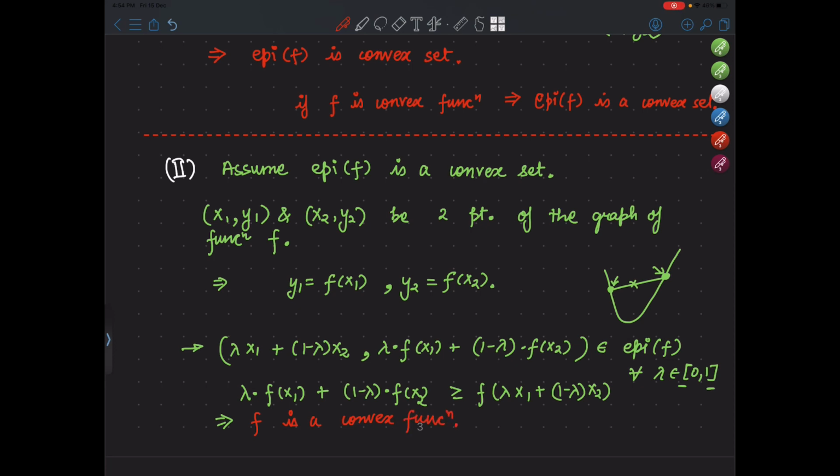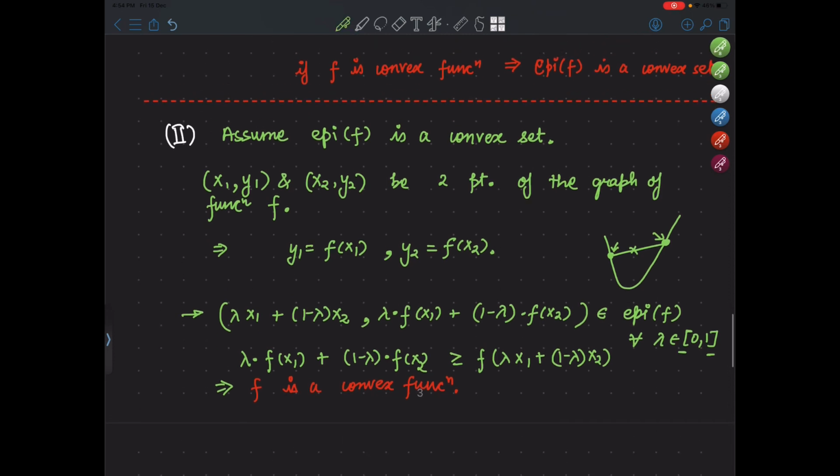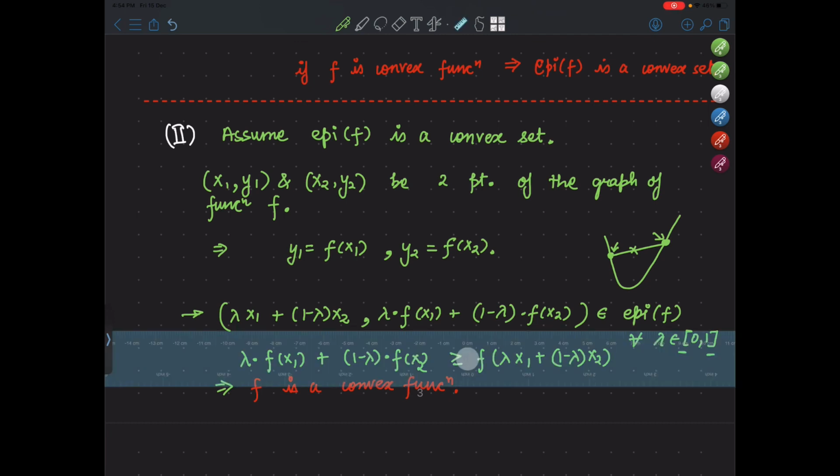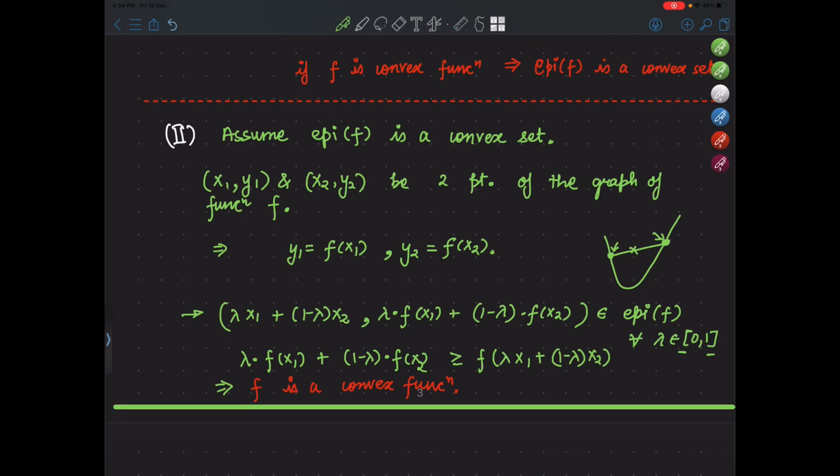Hence, we have proved that if the epigraph is a convex set, then f is a convex function. So both the parts of the theorem are proved, and hence the theorem is proved.